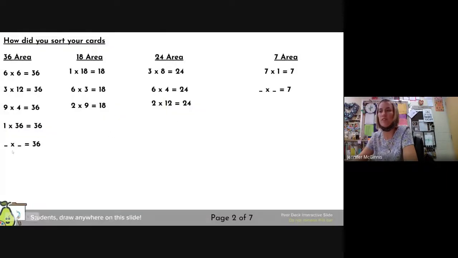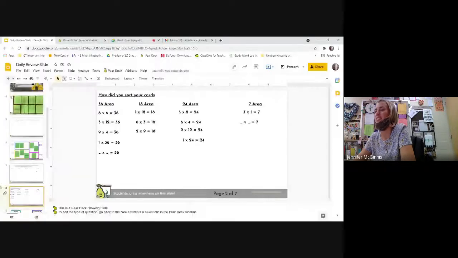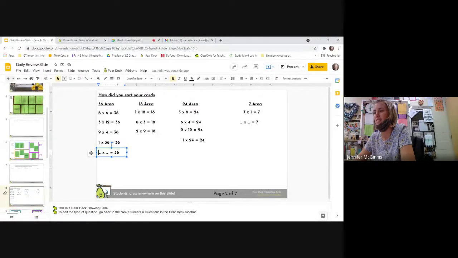I need one more here for 36. Who can figure it out? Tucker? Tucker, think about it. Tucker can figure it out on the fly. You guys are doing a good job letting him think. You got it, Cole? Already got 3 and 12, brother.